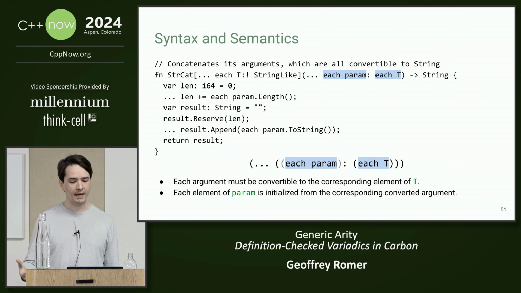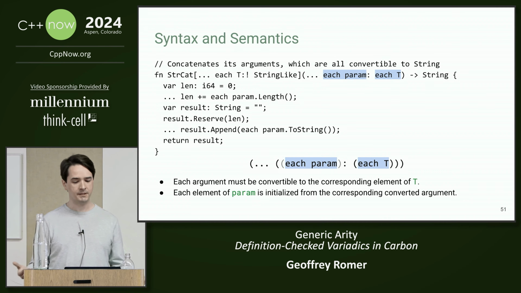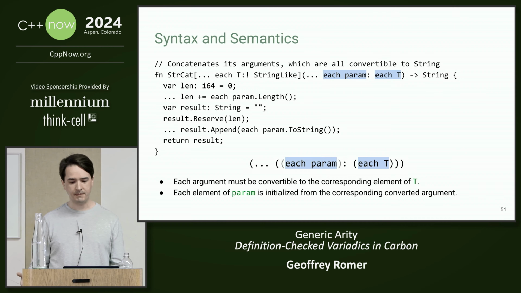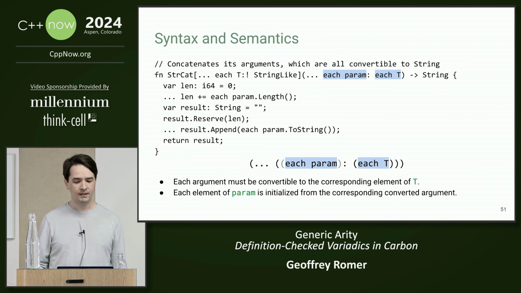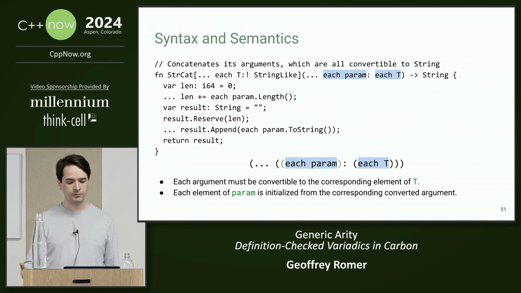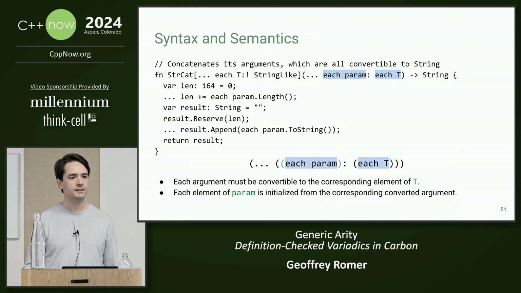And pack expansion patterns iterate over a sequence of tuple elements to match, which in this case is the sequence of arguments. So this binding pattern requires that each argument is convertible to the corresponding element of T and initializes each element of param with the corresponding converted argument.